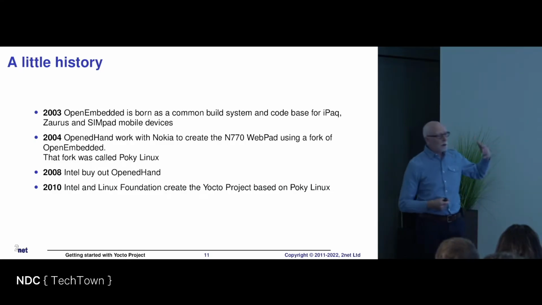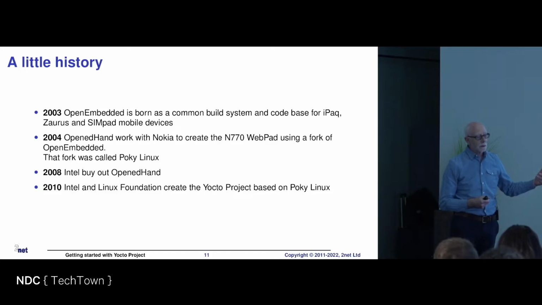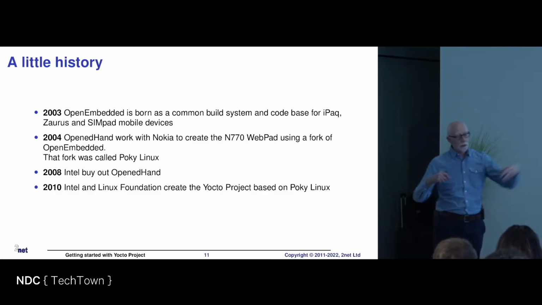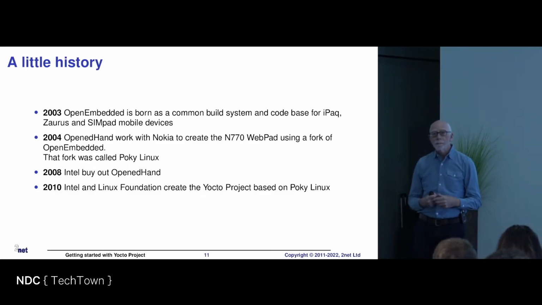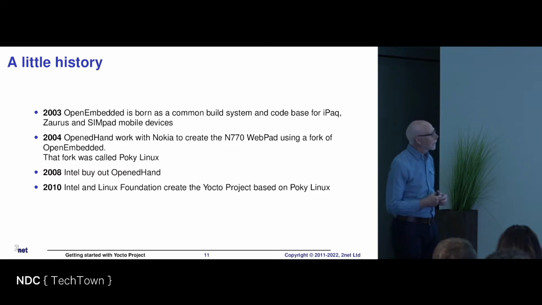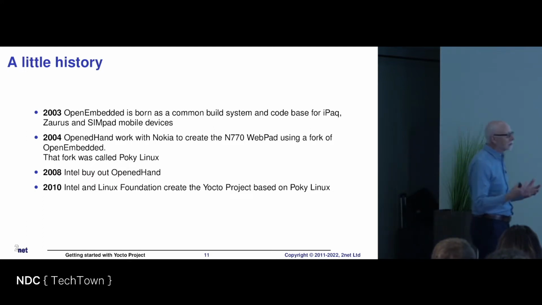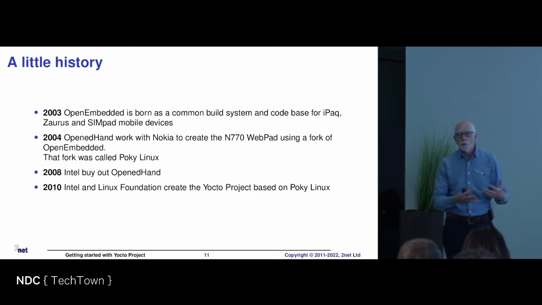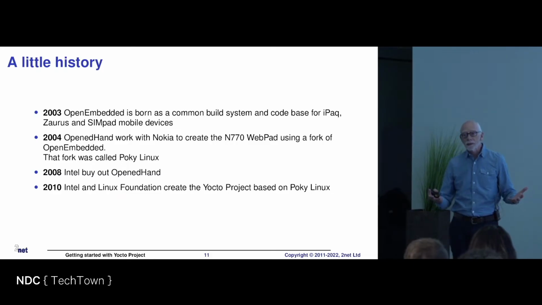So there's a whole bunch of people hacking around with this stuff and producing Linux distros to run on these. They came together in 2003, pooled all their resources, and produced OpenEmbedded. It turns out many of the problems that they had solved were also relevant to more traditional embedded devices. So not just mobile, but anything that has constrained resources.